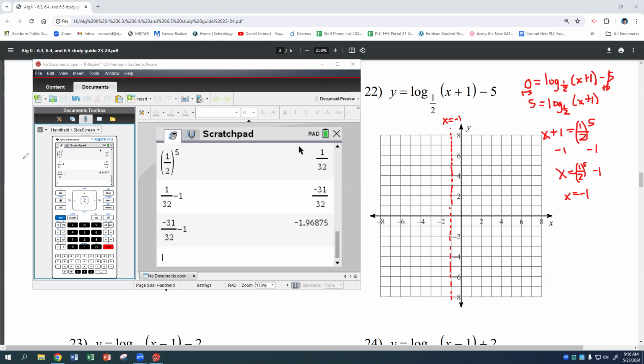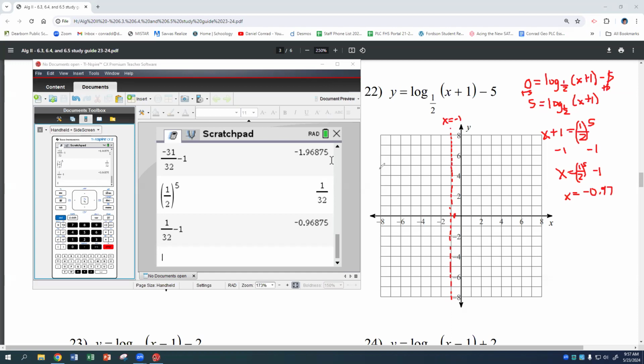I'm sorry, let's go back. Let's go in parentheses: 1 divided by 2 to the fifth, and then subtract 1, and I'll hit Control Enter. Negative 0.97. Okay, that makes more sense. Negative 0.97, which again is right here.